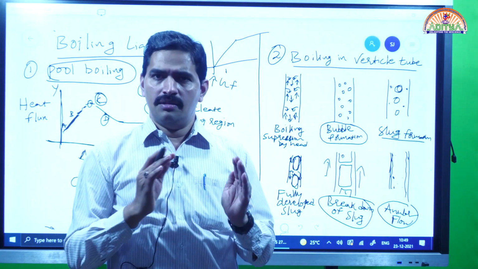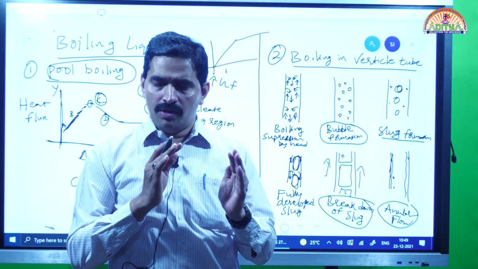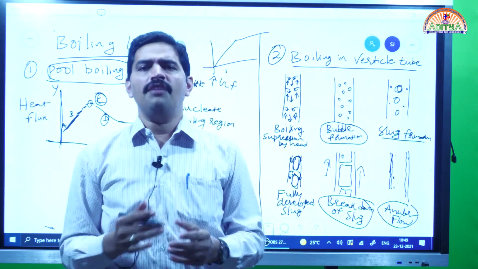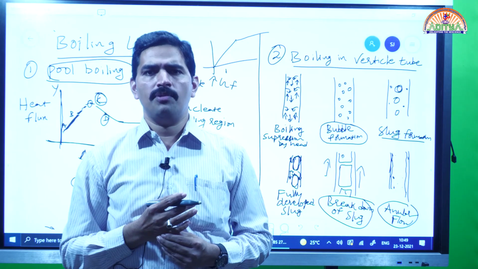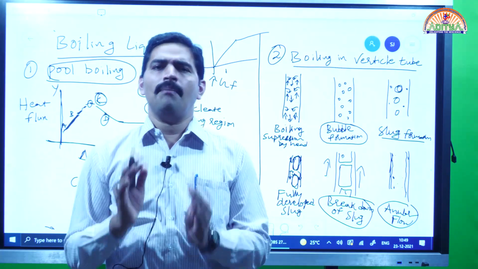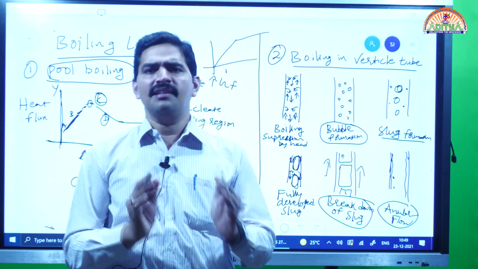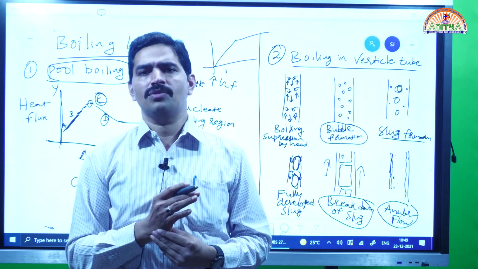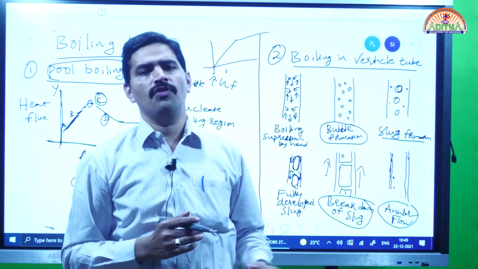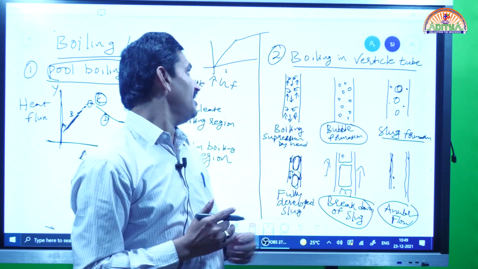Why? Because the rate of heat flow is directly proportional to delta T. The difference in temperature is the driving force of heat flow. So if it is decreased, there is no heat flow further. In such a way, we can study the same.